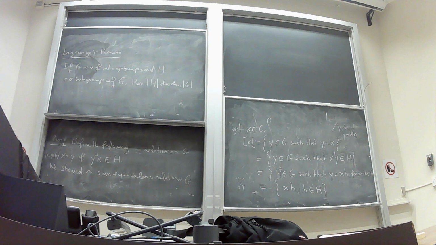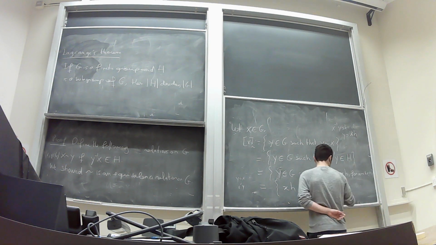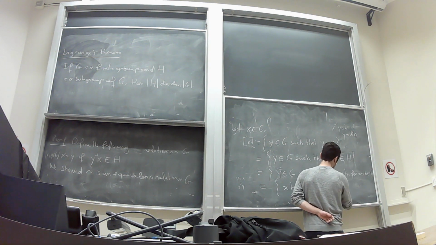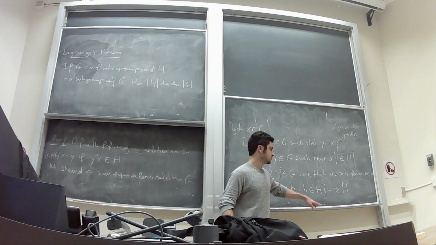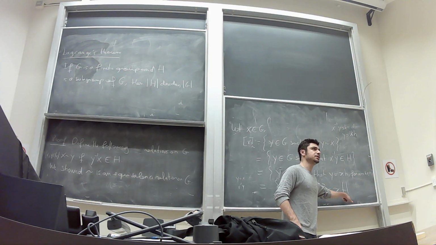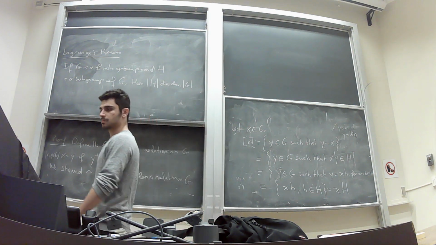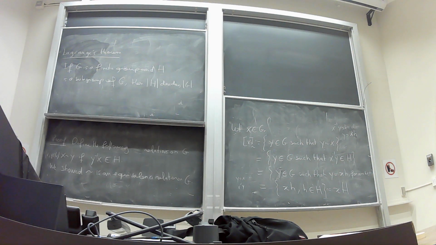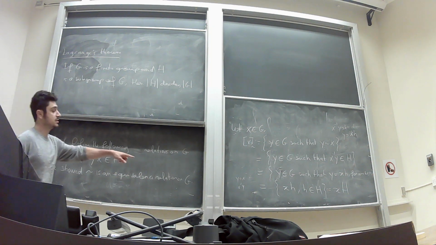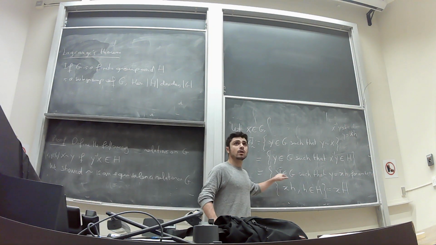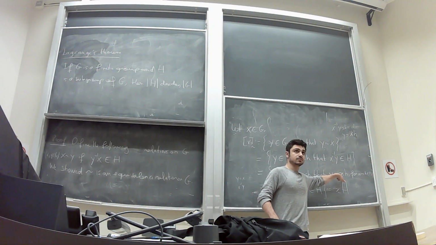So this is just X times H, which is how we define it. Basically, you take all the elements in H, and you multiply them on the left by X. Yes? But isn't it only some H? Yeah, but it's all the Y's in G that can be written in this form.